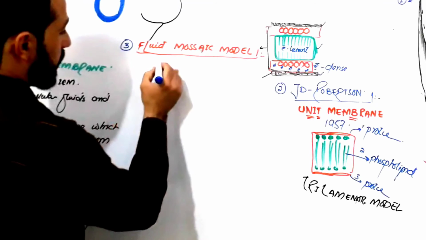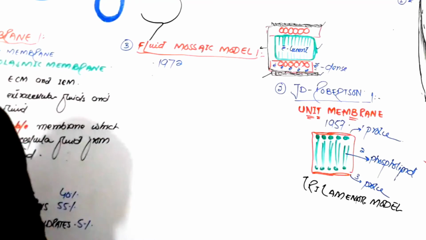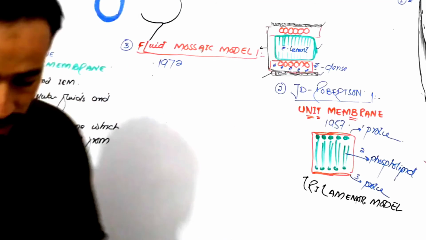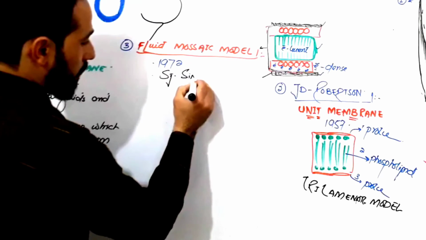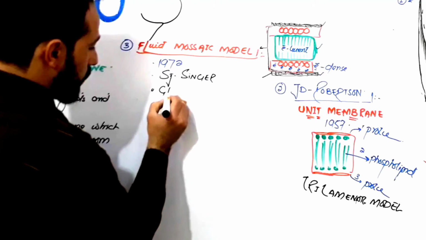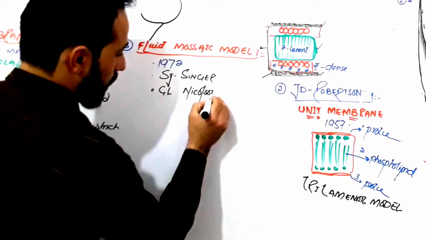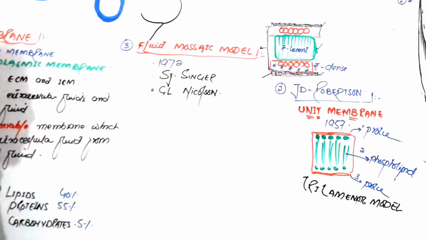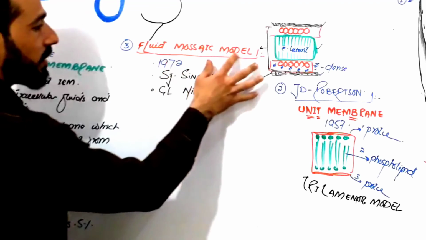So this was presented in 1972, and the two scientists are named S.J. Singer and G.L. Nicholson. These were the two persons who explained the fluid mosaic model.